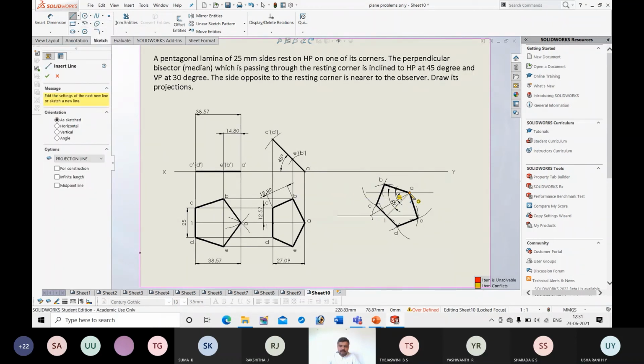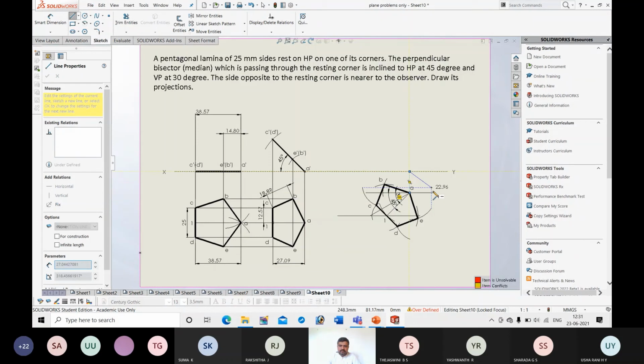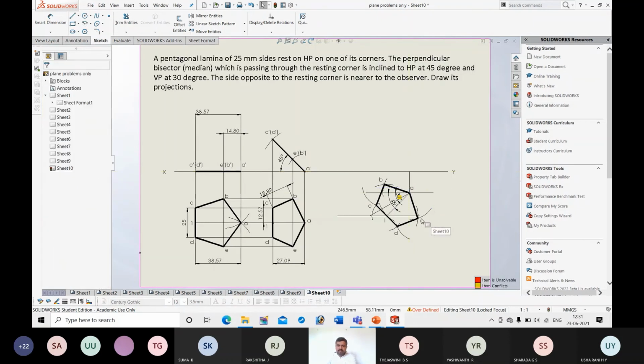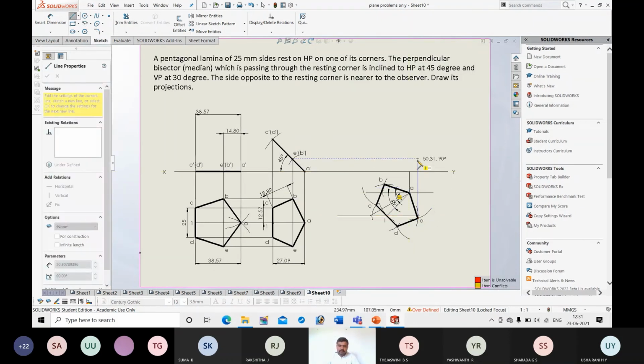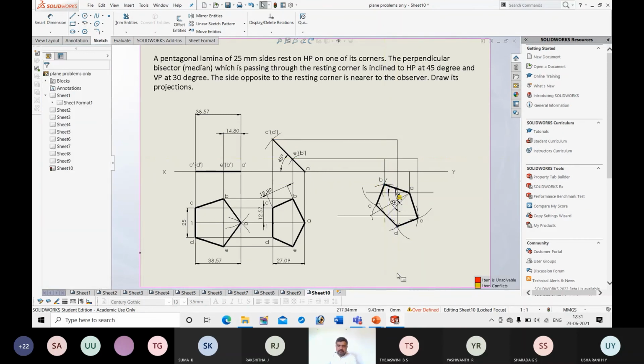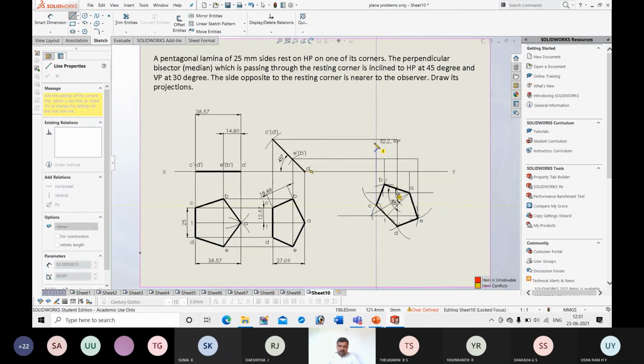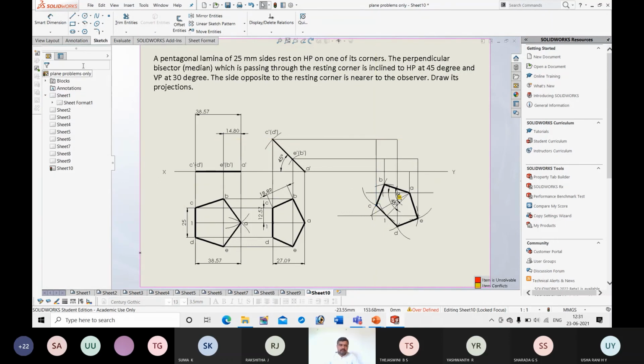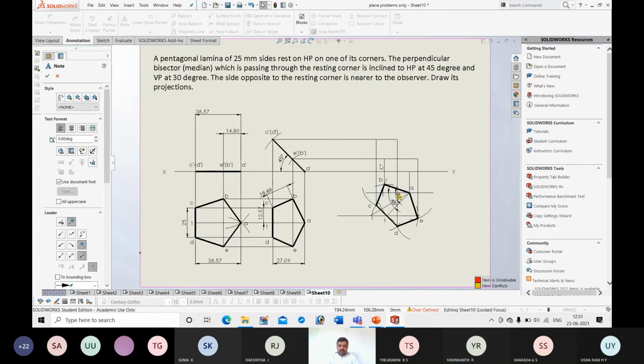Next A. So this is the locus of A since it is on XY line. Next point E. So here point E. Next D, next B, next C. Then you can name these points.